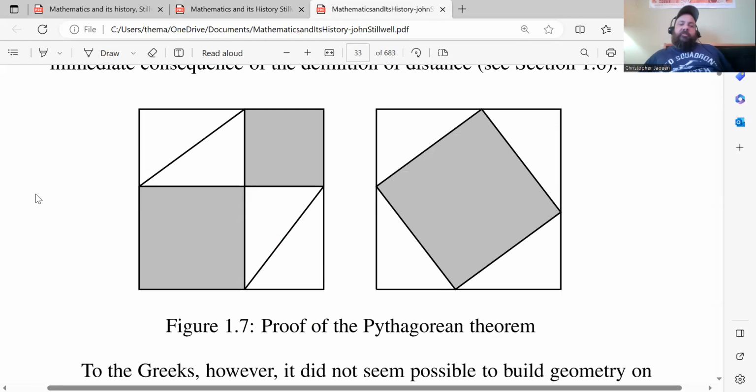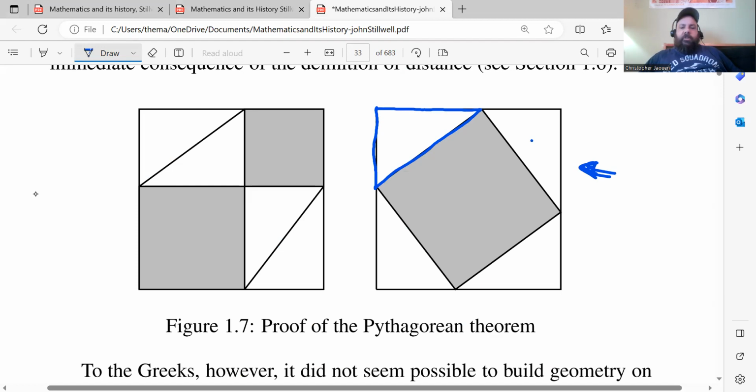So this is the visual proof that he has in the book. Here you can see the shaded square in this picture. The dimensions of that shaded square are the length of the hypotenuse of these four right triangles here.